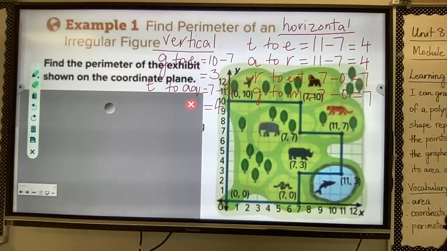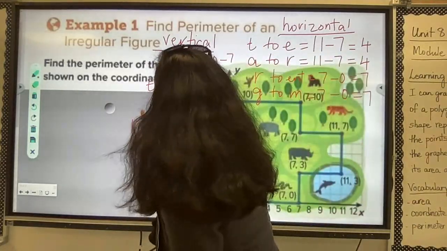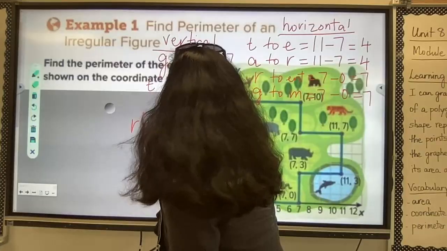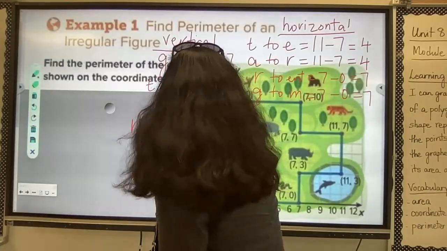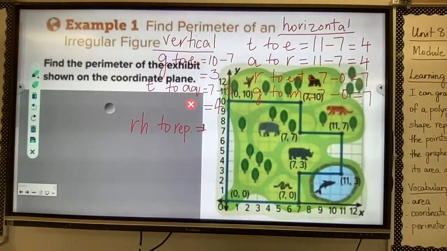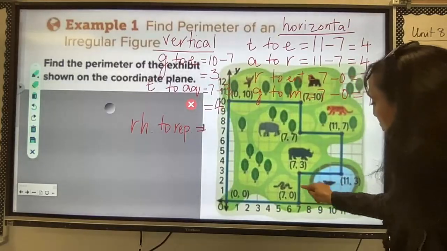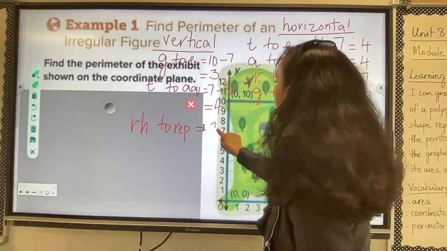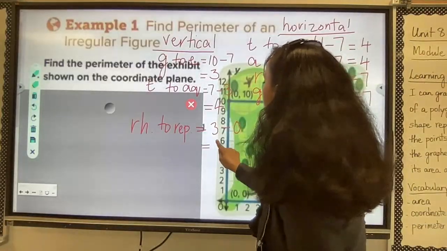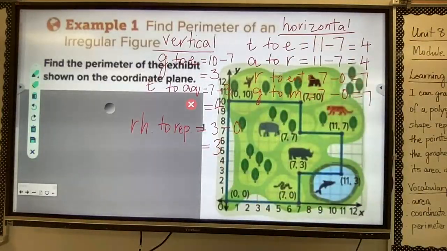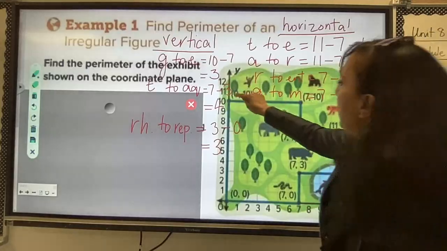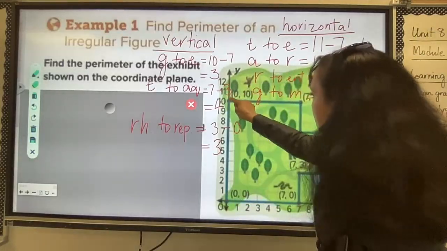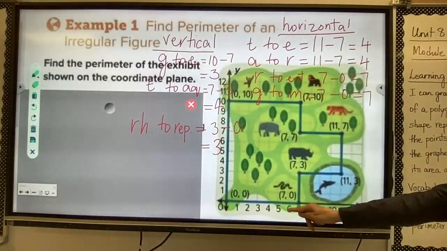As you can see over here, it is going to be 3 minus 0, which gives me 3. And then the last vertical one is from monkeys to entrance.